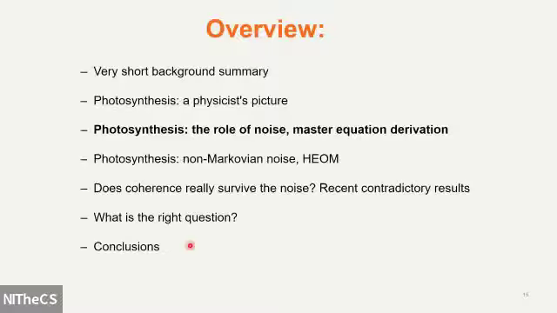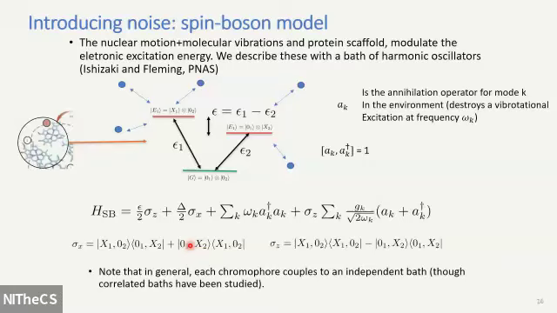So what I'm going to do here is give a justification of a master equation in this model. What is the major origin of noise here? The literature tends to say that it's essentially the nuclear motion of these molecules. The energy of these electronic excitations is defined by the host molecule, in the same way that the electronic excitation of an atom is defined by the nuclei.